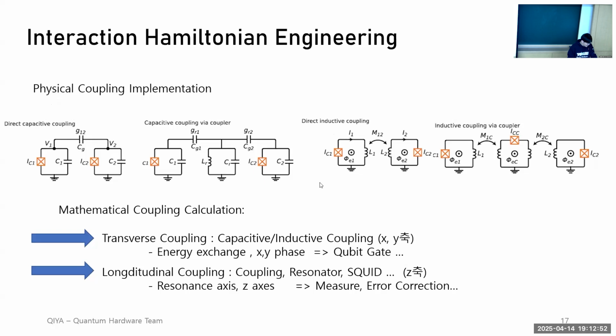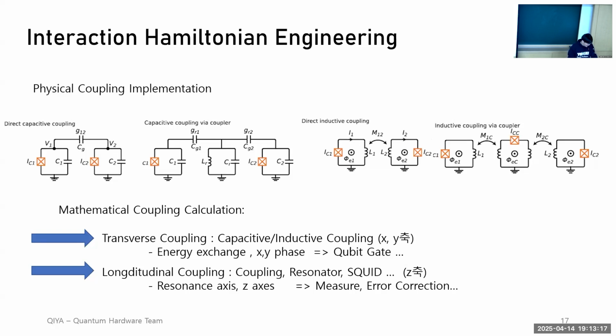These two kinds of couplings are about the inductive couplings. We can use inductors in the superconducting circuits, and inductors have mutual inductance, so we can make interaction terms between the superconducting qubits.